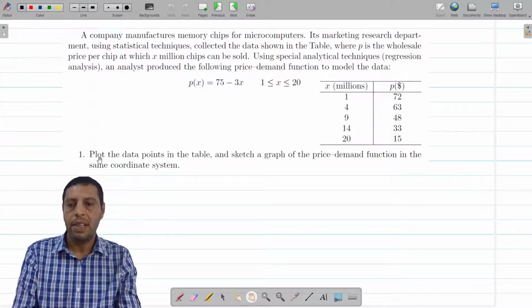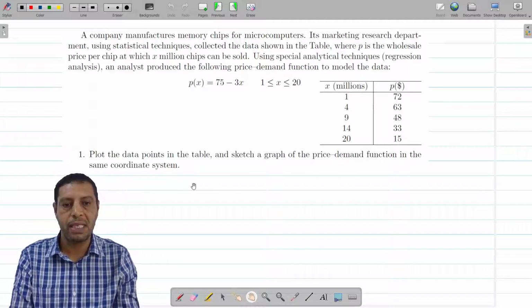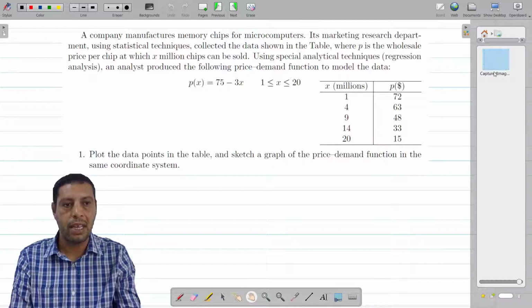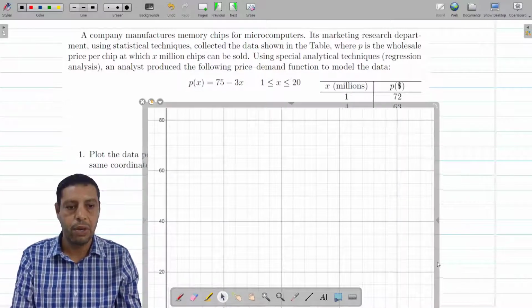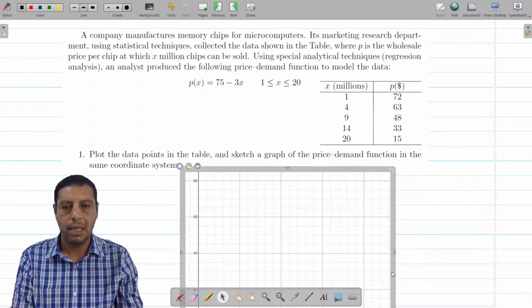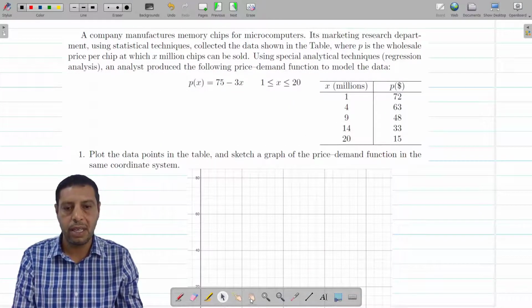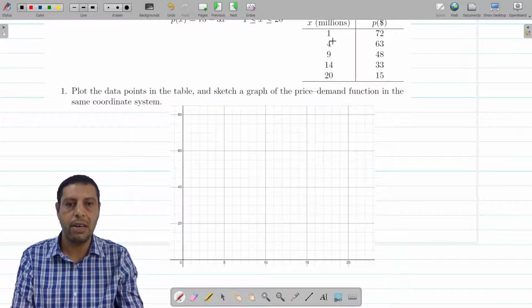The first question is: plot the data points in the table and sketch a graph of the price-demand function in the same coordinate system. So here we're going to take a coordinate system. You can draw your own coordinate system and plot the data points shown in the table. You're going to put the ordered pairs (X, P).